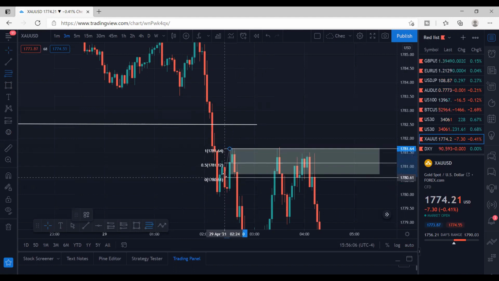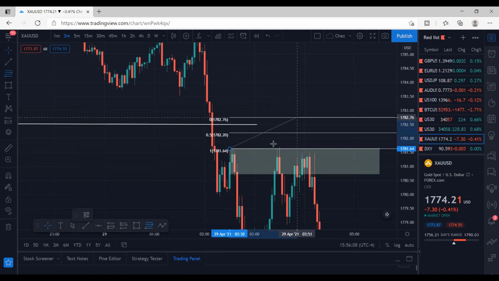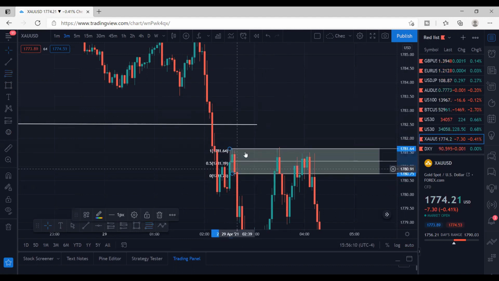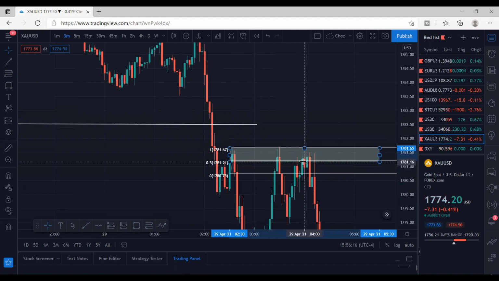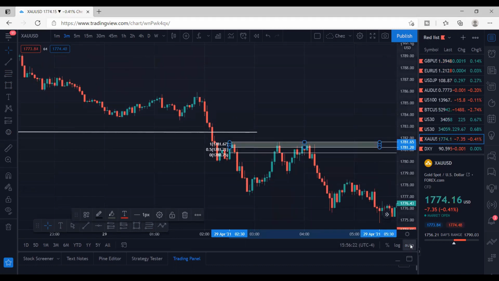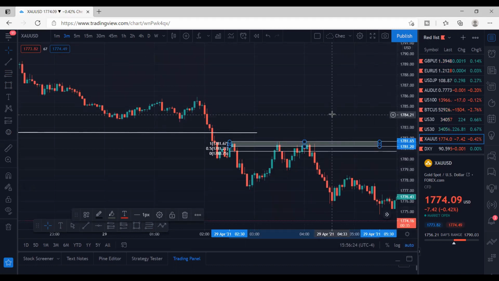So Fibonacci, the 50%, and they would enter right at the 50%, because that gives you a better risk to reward ratio at that point. RRR, risk to reward ratio.